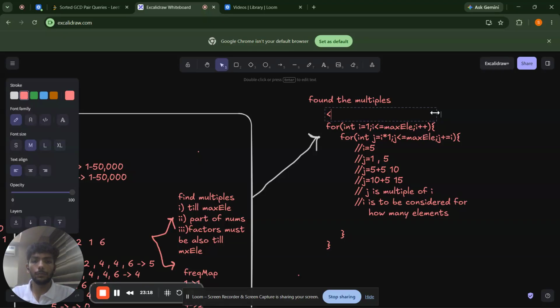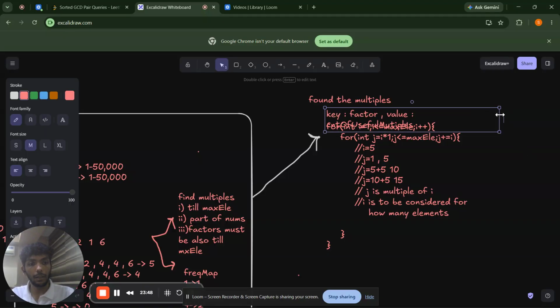Which will have key as factor and value as count of useful multiples. We can say that these many multiples are useful, right?